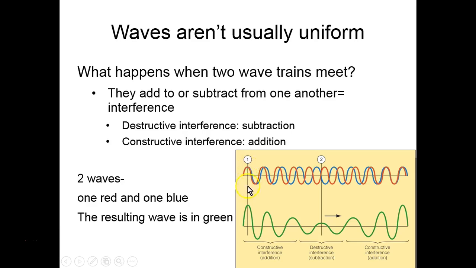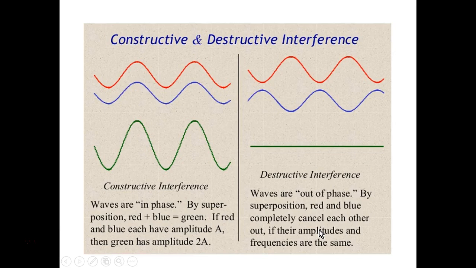Therefore, they can add to one another and create a wave that is nearly twice as big as what they were. If you go over here, though, to position number 2, you see that the crest of one is matching up with the trough of another one. So therefore, they are subtracting from one another, and therefore you get a much smaller wave than what either of the two were before. So that would be called destructive interference.